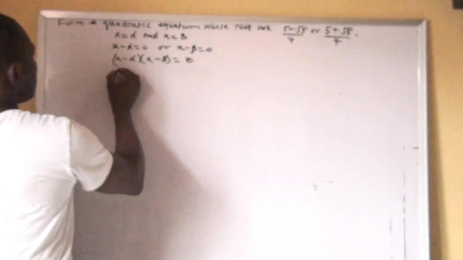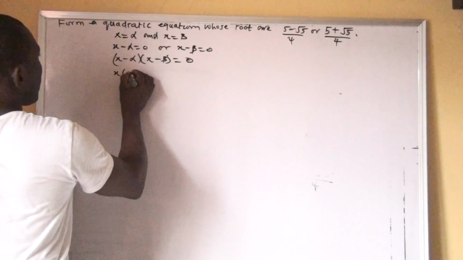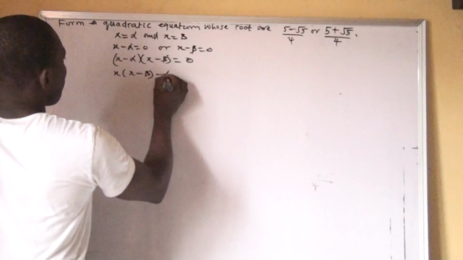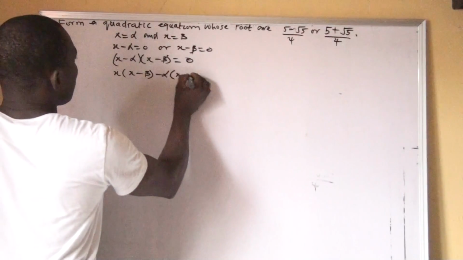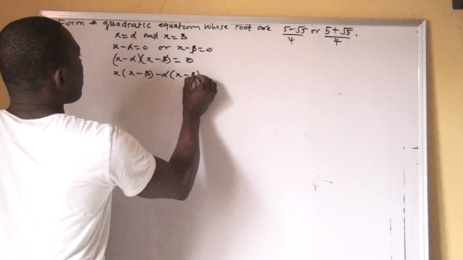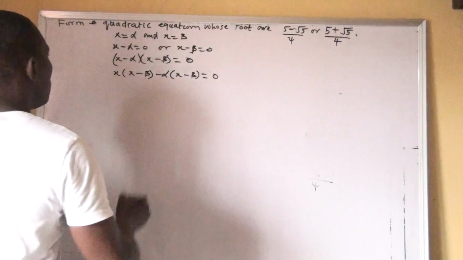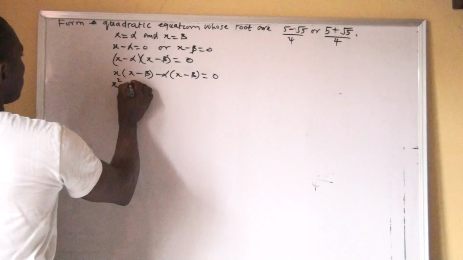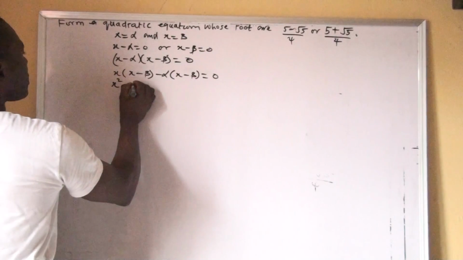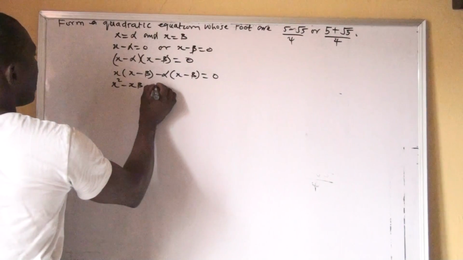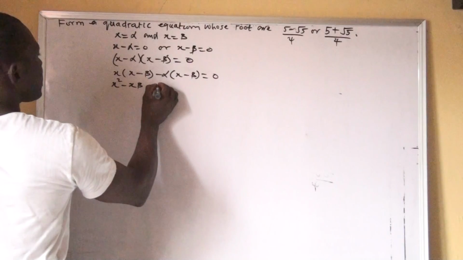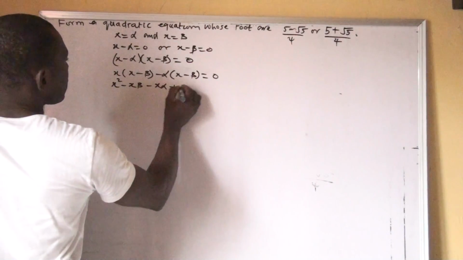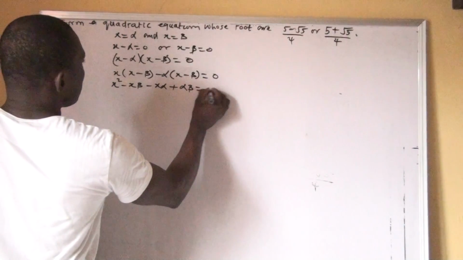Here we expand: x(x minus beta) minus alpha(x minus beta) equals 0. So we have x times x, which is x squared, minus x beta minus x alpha, then plus alpha beta equals 0.